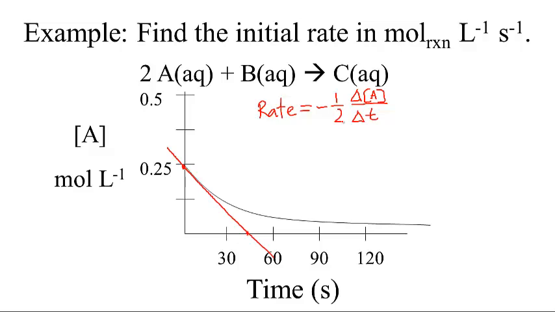Now, what 2 points would be convenient points for me to use for my tangent line to calculate slope? The intercepts, yeah. So I have change in concentration of A between the intercepts would be negative 0.25 molar. And change in time between the intercepts, about 45 seconds.